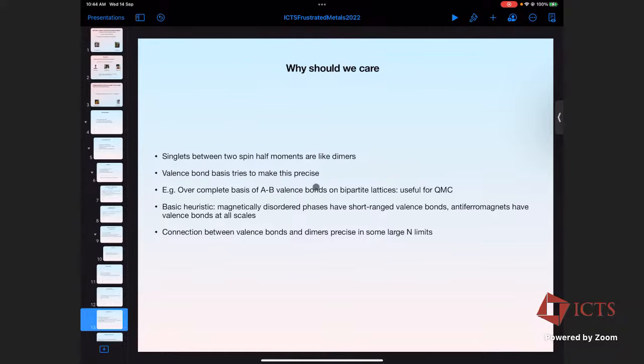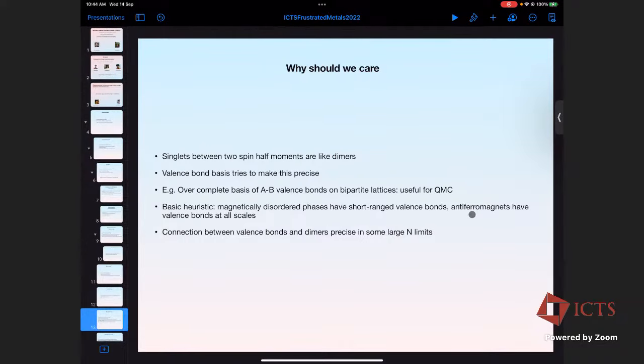So the point is you have this valence bond basis, and the basic heuristic we have, and this goes back to very old work from the early days of high TC, is that antiferromagnetically ordered states have valence bond pairings at all scales.